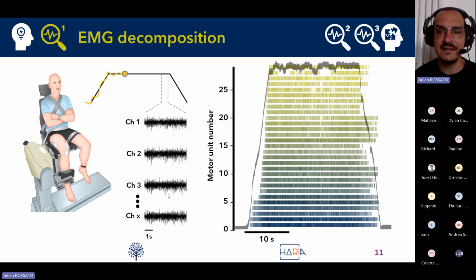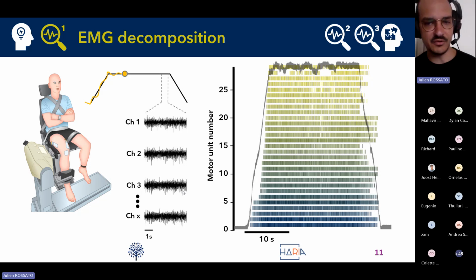In this example, we have 29 motor units identified from the vastus lateralis muscle following a force ramp. As a reminder, with 3 to 8 motor units for classic intramuscular EMG, we obtain 3 to 10 times more motor units with this decomposition technique.